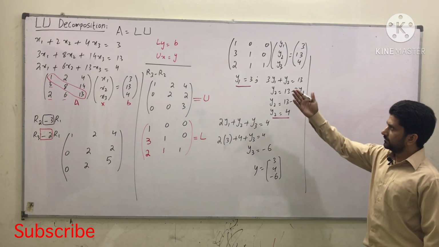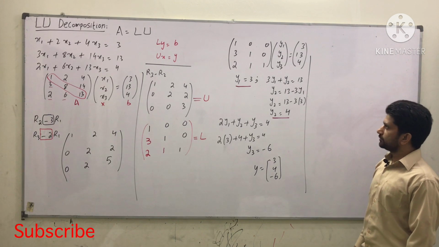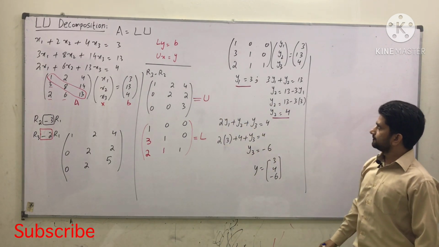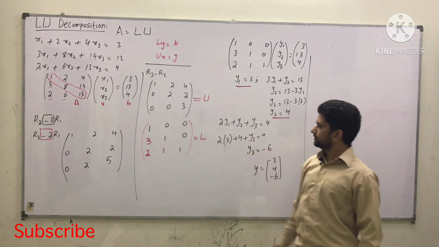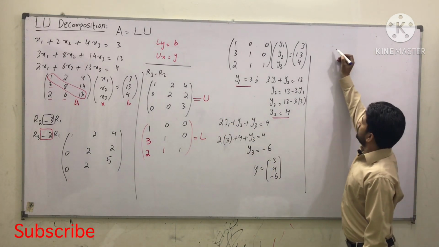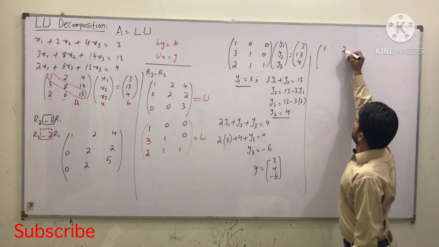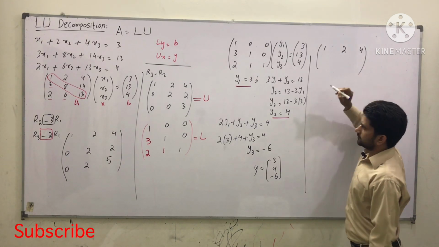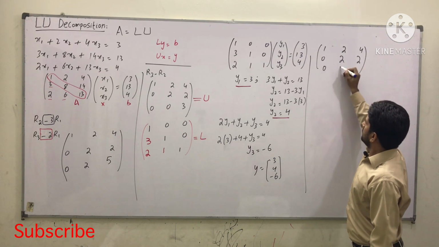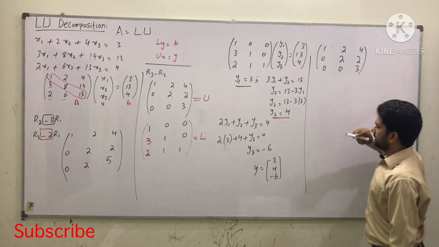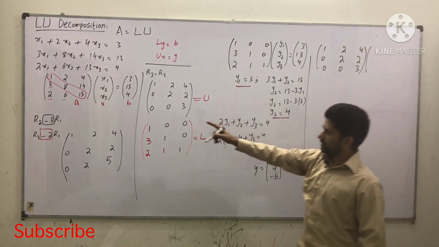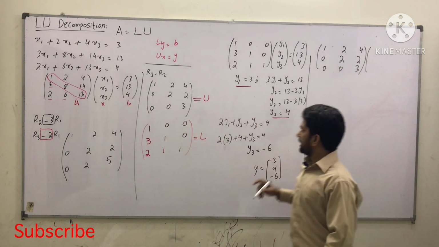Now we use the next one, Ux equals y. Our U is this matrix: 1 2 4, 0 2 2, 0 0 3, and for x we have x1, x2 and x3.